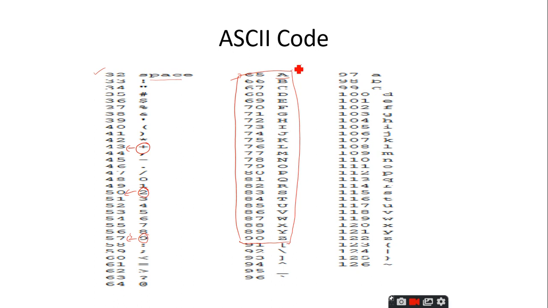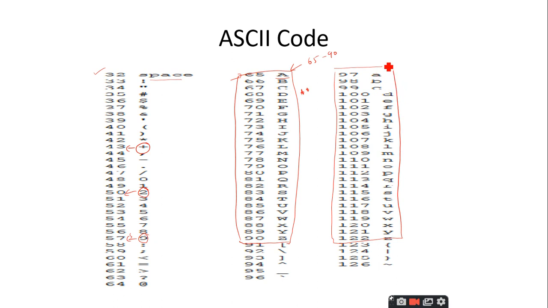All the uppercase letters of the English character set are represented with numbers from 65 to 90. This is very important. Similarly, lowercase a is given the ASCII code 97, b is 98, c is 99, and so on.